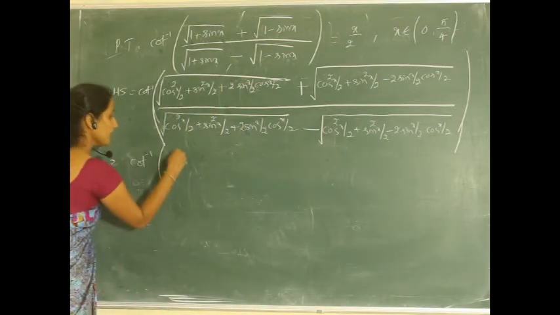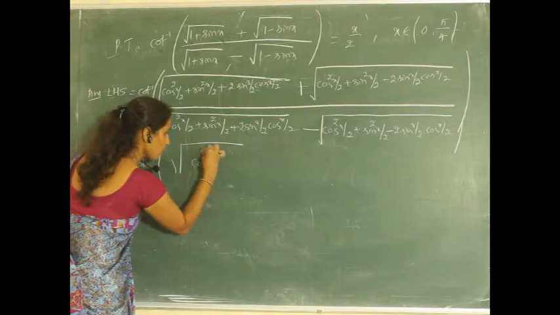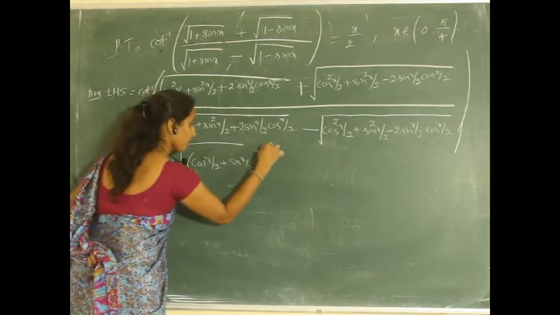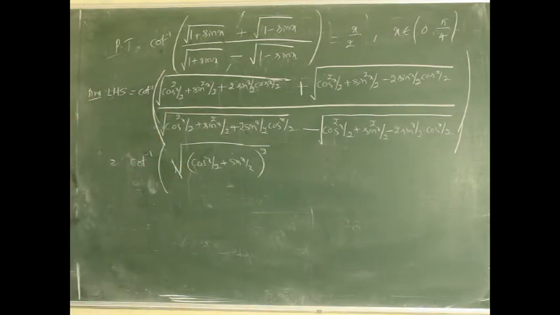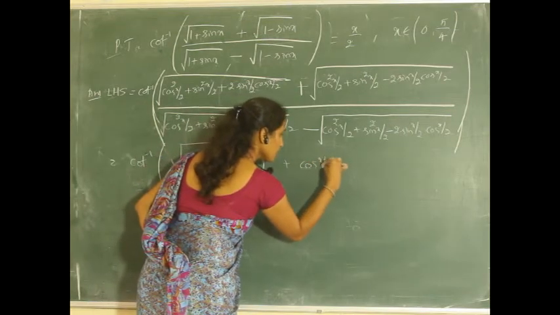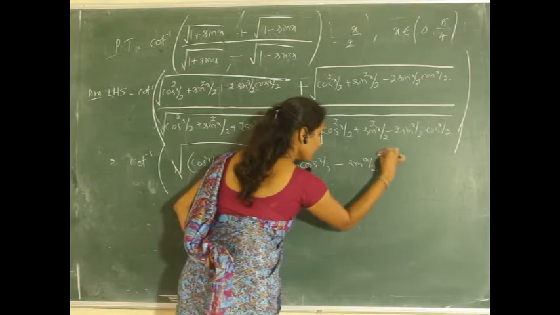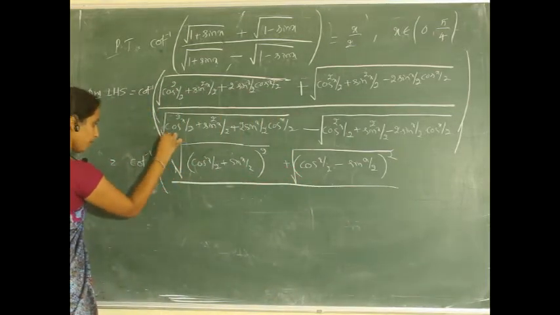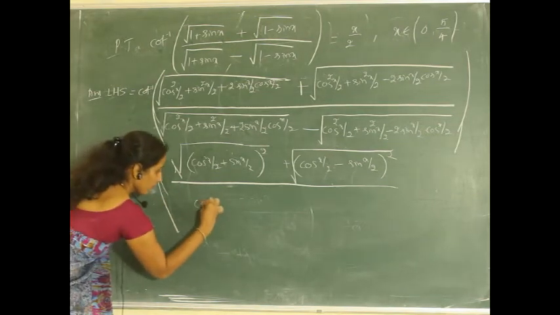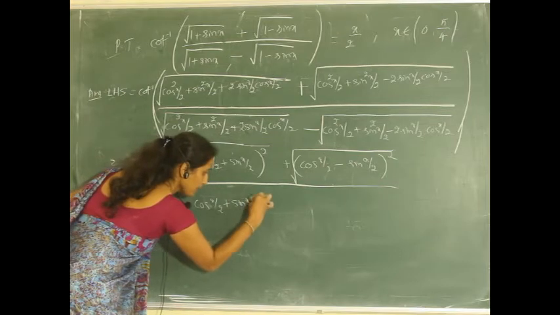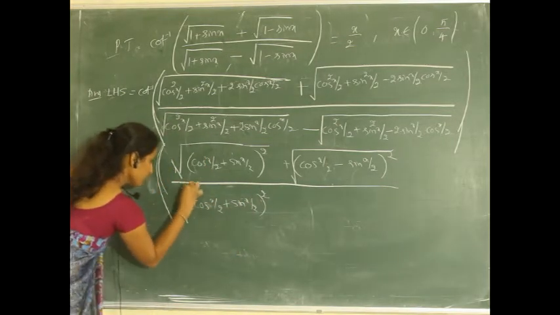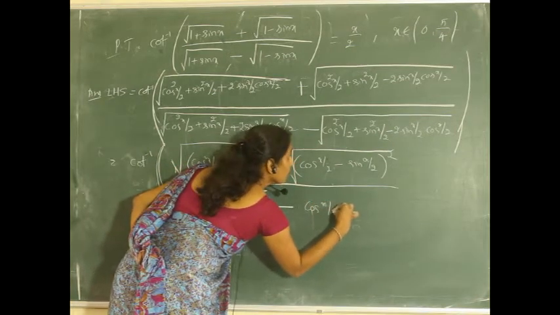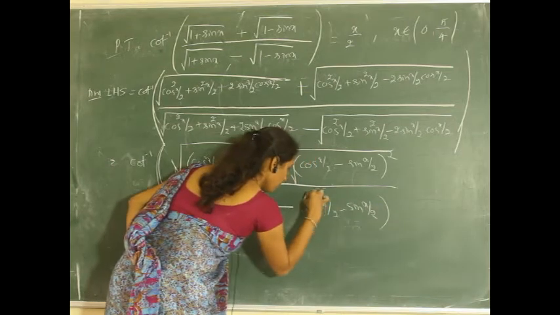So what we'll get in the numerator is the square root of cos x by 2 plus sin x by 2 whole square plus the square root of cos x by 2 minus sin x by 2 whole square, whole divided by the square root of cos x by 2 plus sin x by 2 whole square, minus the square root of cos x by 2 minus sin x by 2 whole square.